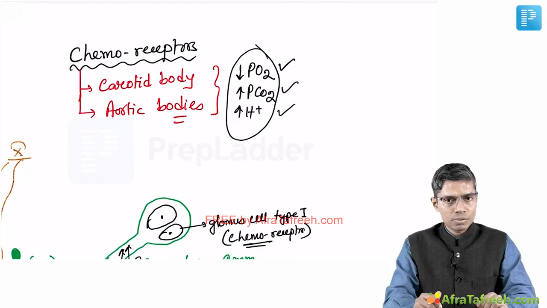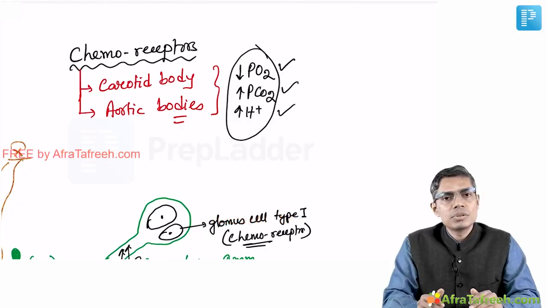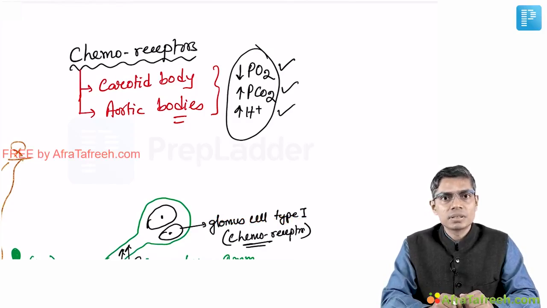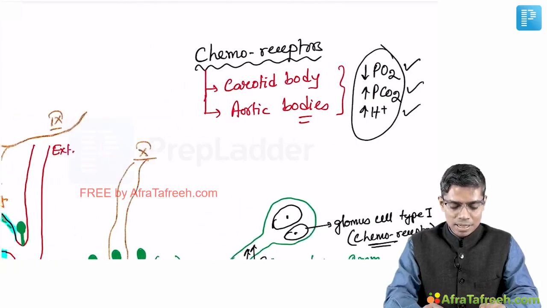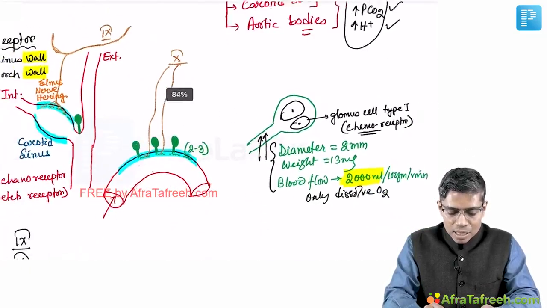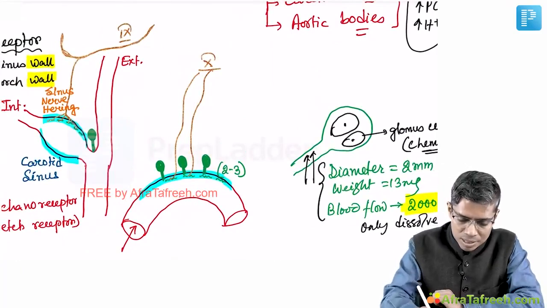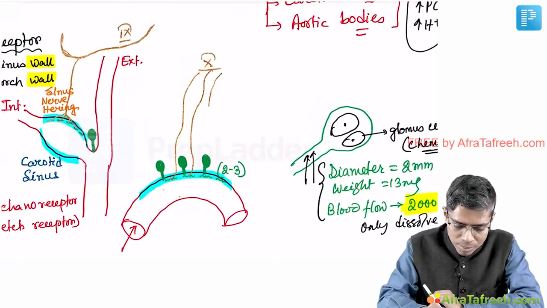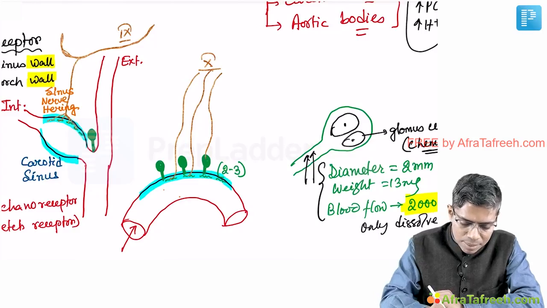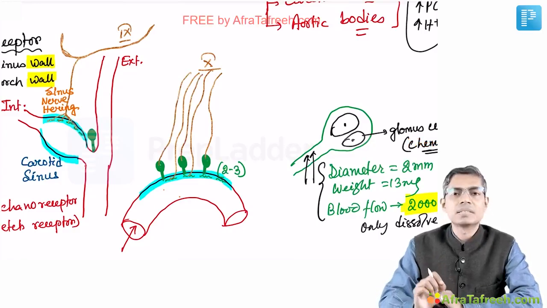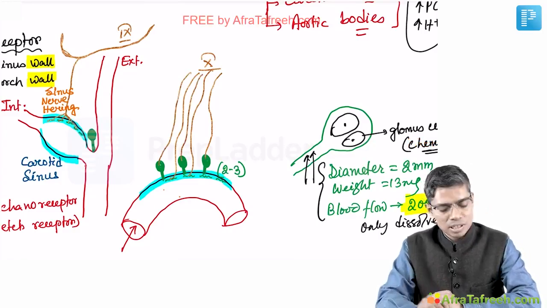So you must be thinking, how is this chemoreceptor going to regulate my blood pressure, because it is not even stimulated by blood pressure, right? That we are going to understand. But now look at the afferent neuron supply. The afferent neuron supply to this chemoreceptor is similar to the baroreceptor because it is located in the same area. So the same vagus which is supplying this aortic arch baroreceptor is going to supply the chemoreceptor also.